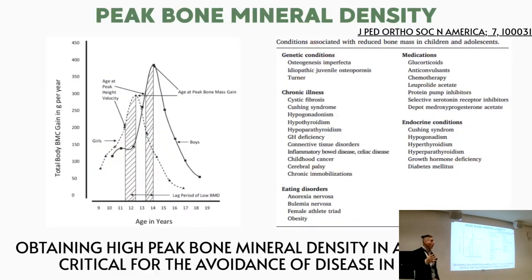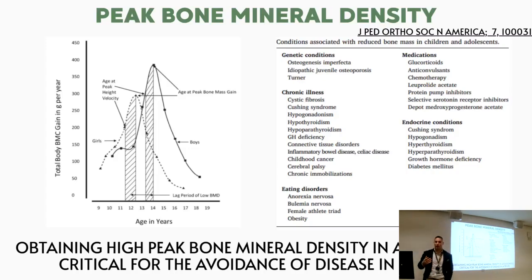Okay, so this is just more of what I've mentioned already. You can pause this video here if you'd like. The graphic on my left-hand side, which is going to be on your screen on the left as well, illustrates this gain in peak bone mineral density as children age over the years.